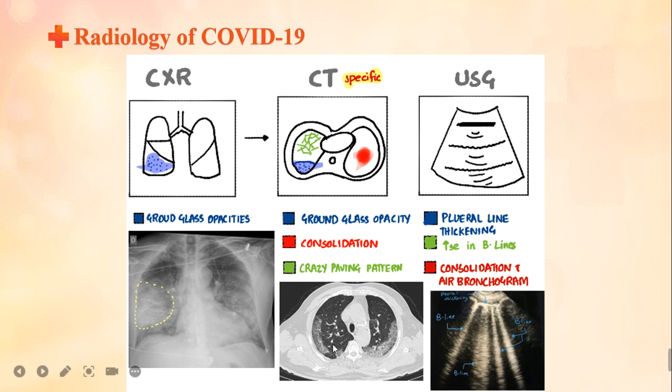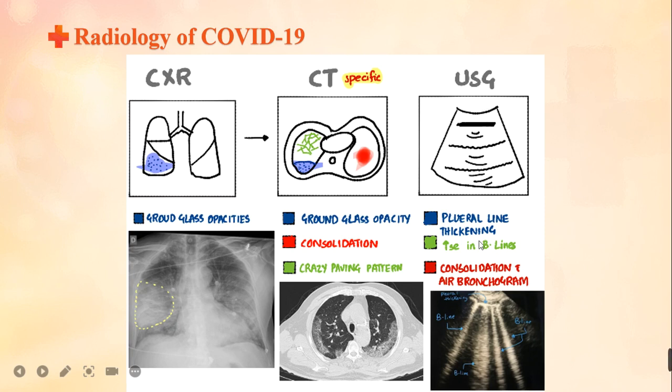This is the appearance of ground glass opacity with superimposed interlobular septal thickening. The septa are so thickened, like the crazy paving of a floor. Here it's written crazy paving pattern, and consolidation as well.